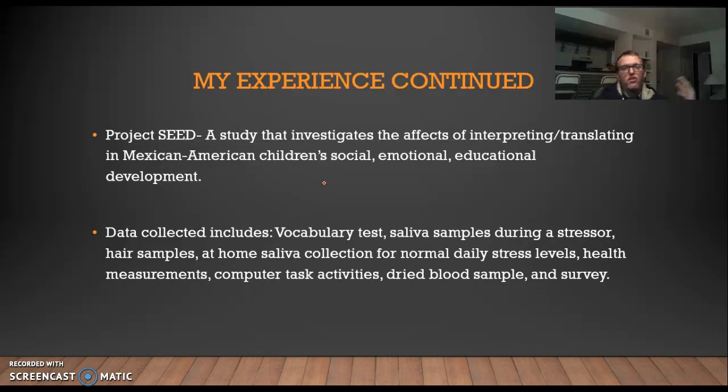Are the parents close to the kid? Are they not? How does this all play into interpreting the effects of it? So all the responses, or the data that we collect, are all numerical values that we can compare with each other. So it's not open-ended questions.